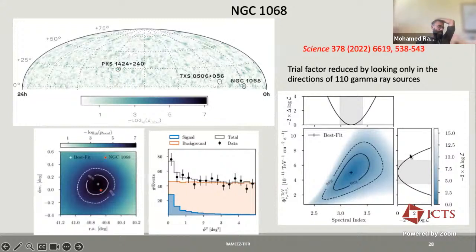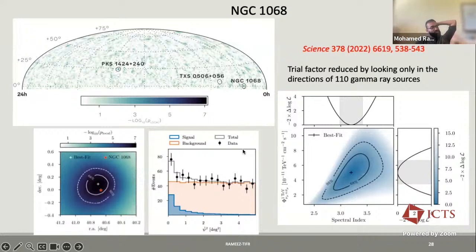Because the look elsewhere effect is much smaller, the post-trial significance of the source was about 4 sigma. So it's still not at the 5 sigma threshold where I can start confidently telling you it is a source. So I would call all of these candidate sources.